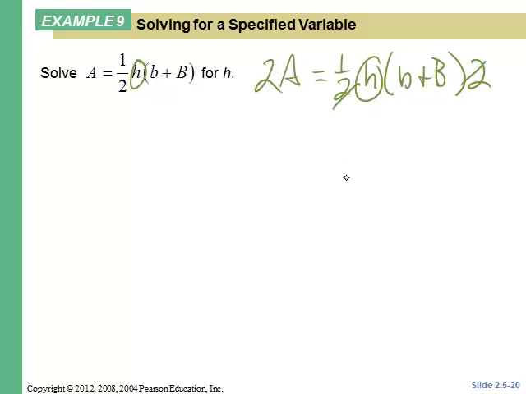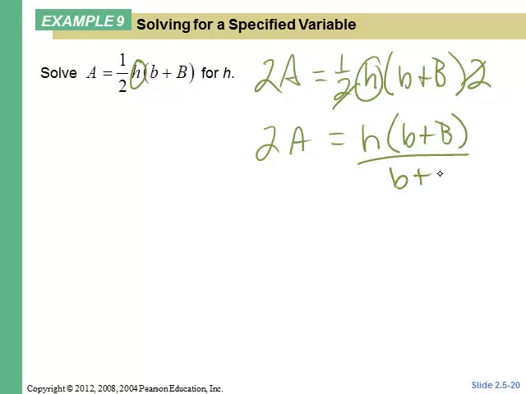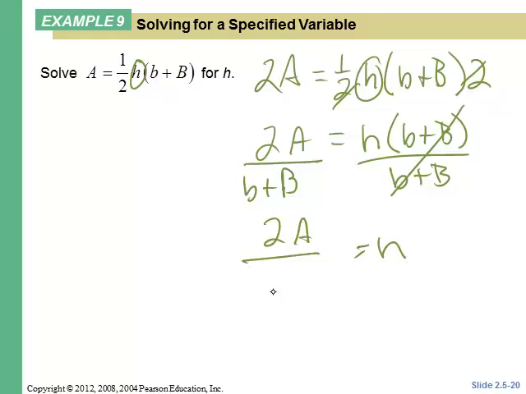We want the H all alone. So we're left with 2A equals H parentheses B plus B. Divide both sides by B plus B. They cancel. And we're left with H equals 2A over B plus B.